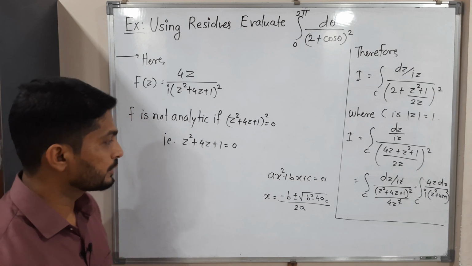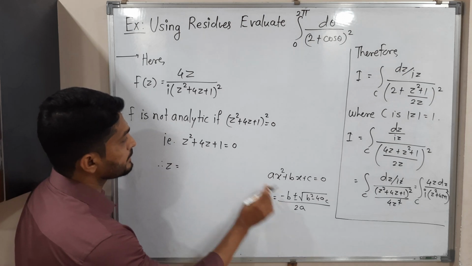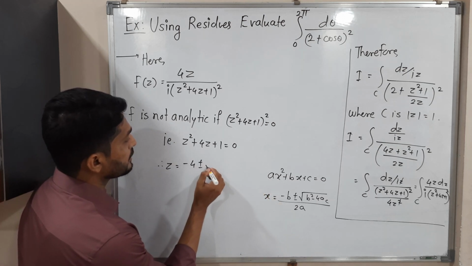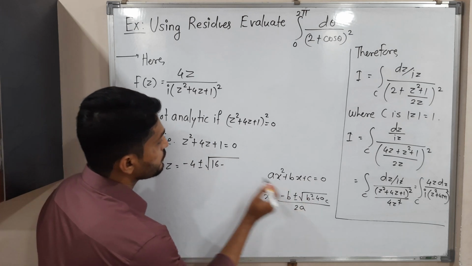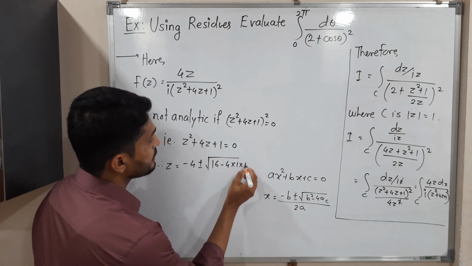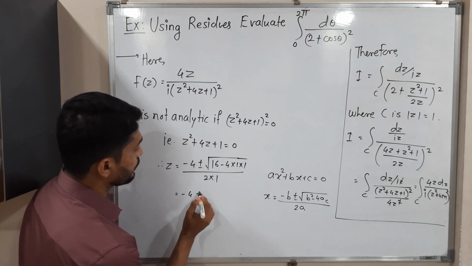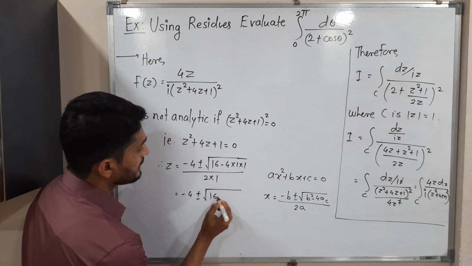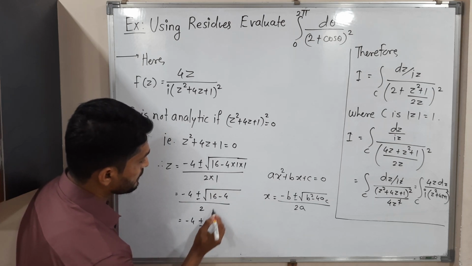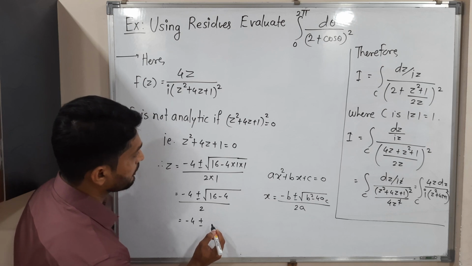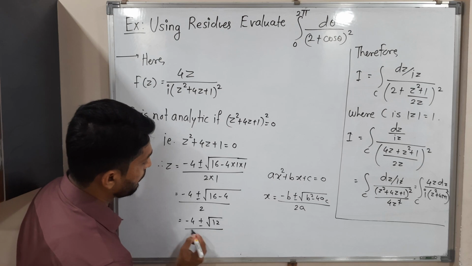So let us put the values. Therefore z is equal to minus 4 plus minus root of 4 square, 16, minus 4 times a which is 1, c is also 1, upon 2 times a which is 1. So this is minus 4 plus minus root 16 minus 4 upon 2, which is minus 4 plus minus root 12 upon 2.